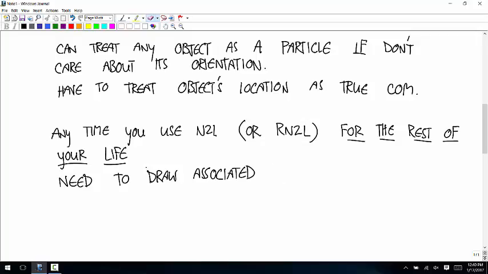Free body diagram. I'll abbreviate that FBD.